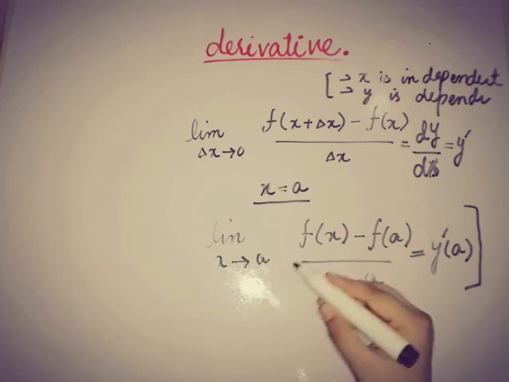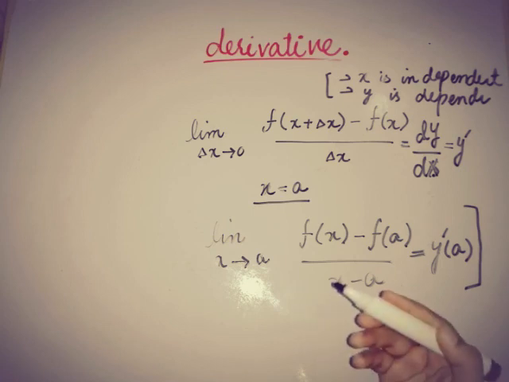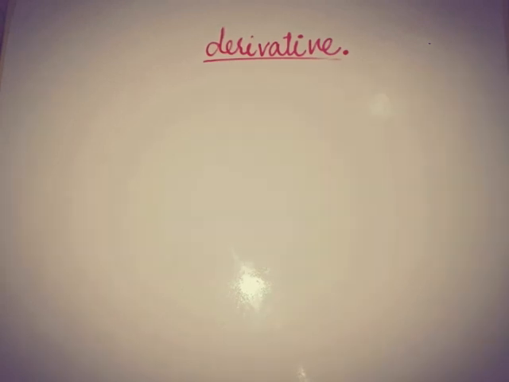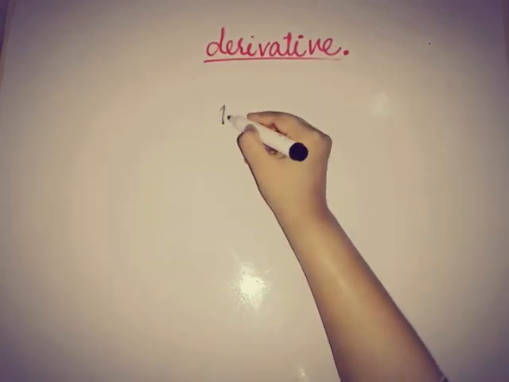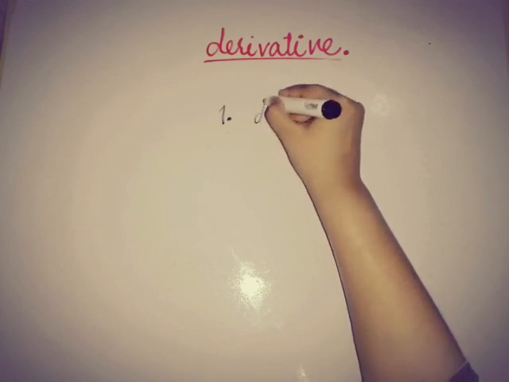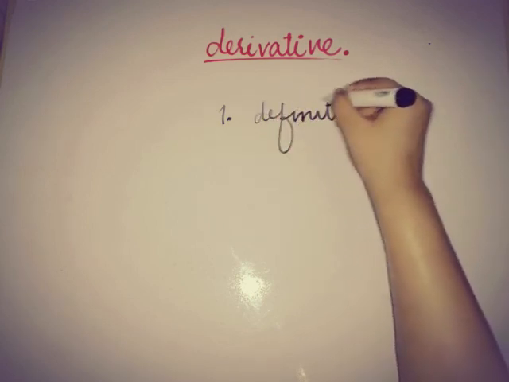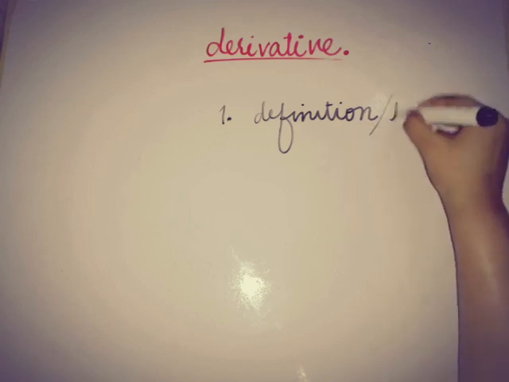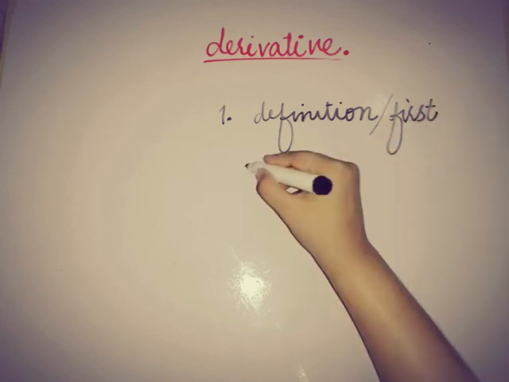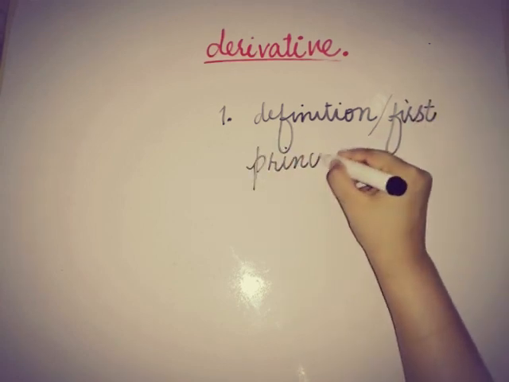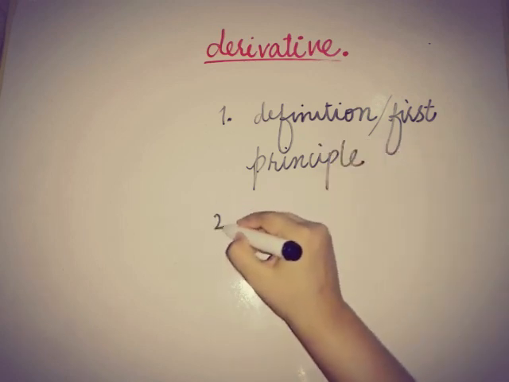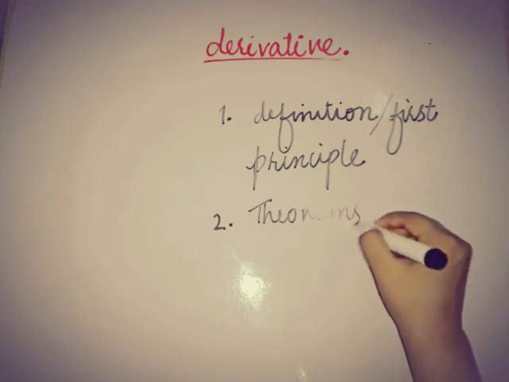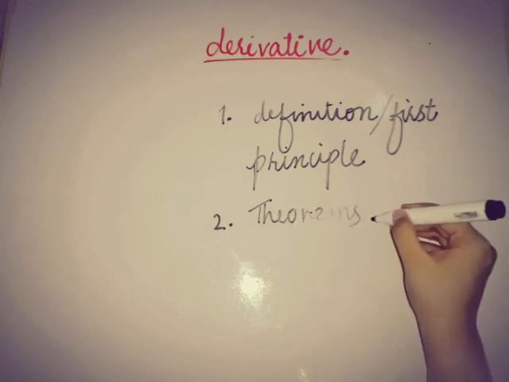The first way is by the definition, or by first principle. And the second way is by applying theorems. There are a number of theorems that we can apply.